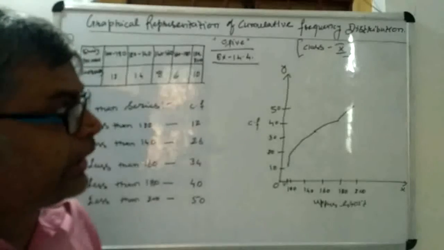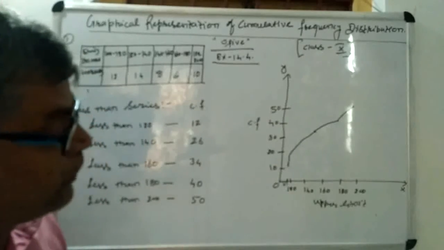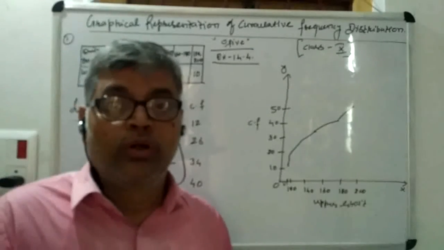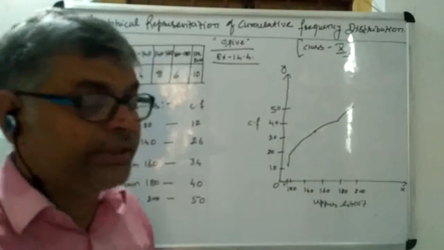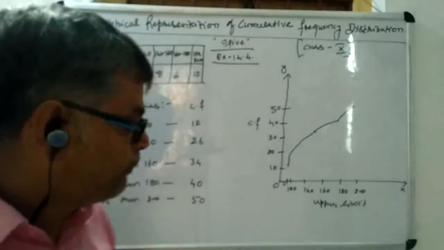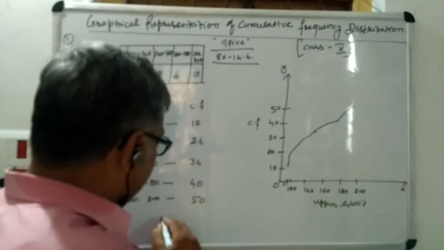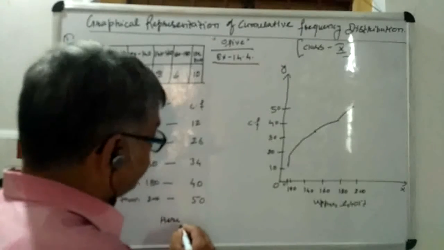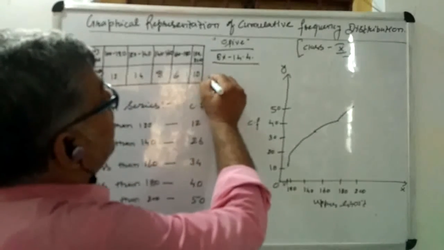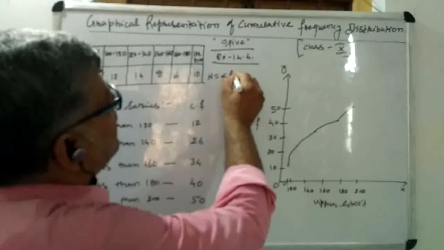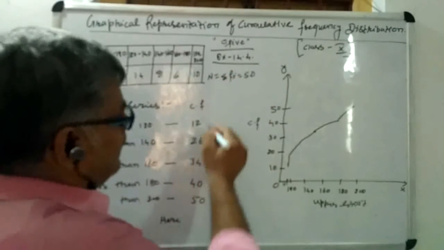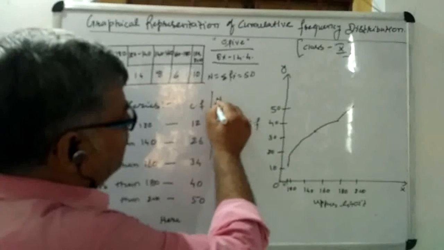And one more thing, children, if I asked you to find the median of this distribution also by this property. So here n equals what? Sigma fi, which equals 50. So you calculate n by 2.